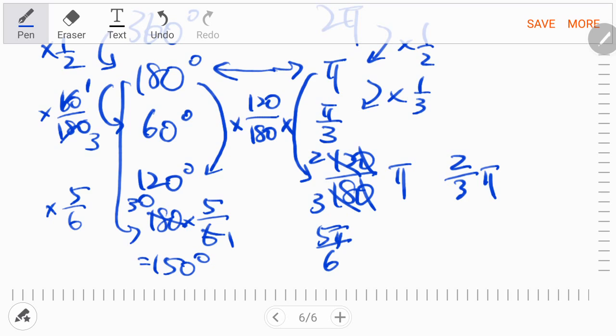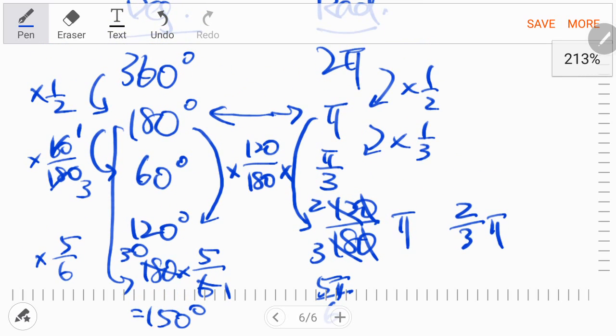Okay. I don't recommend you guys to memorize this. In the textbook, you can find that they give you almost like an equation that you need to remember. So 1 pi is equal to 180. What do you do if you convert radians to degrees or degrees to radians?